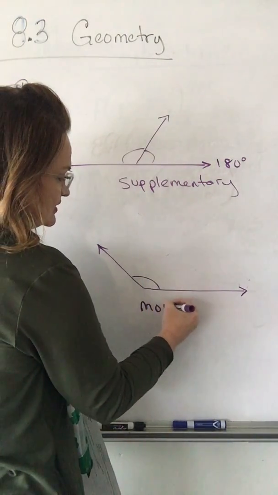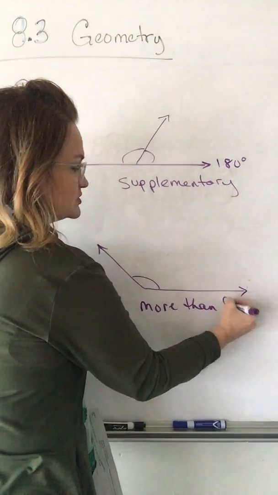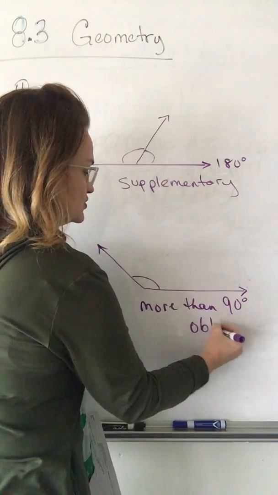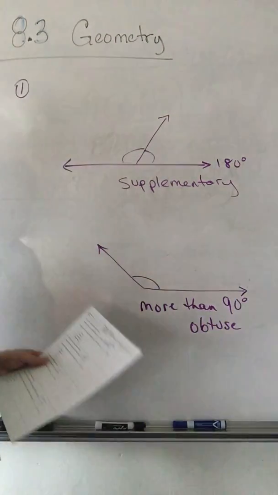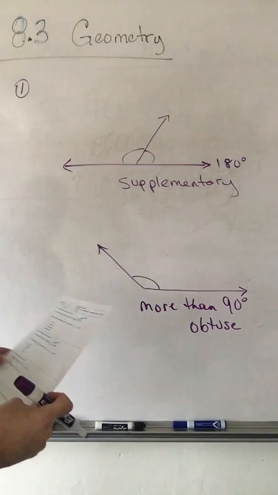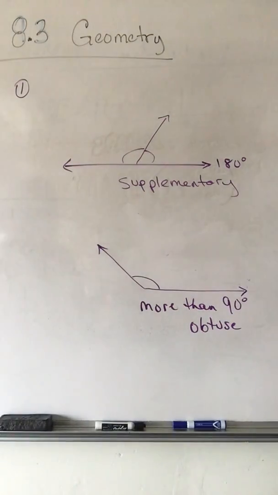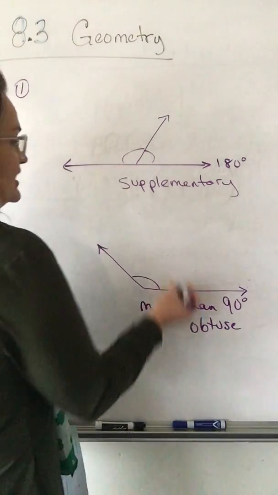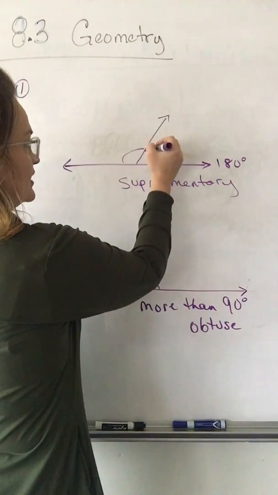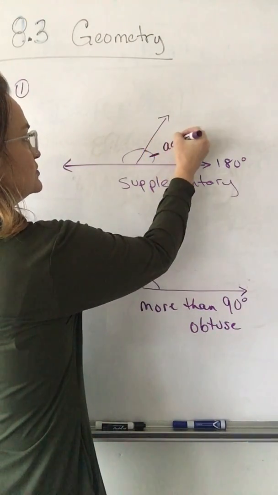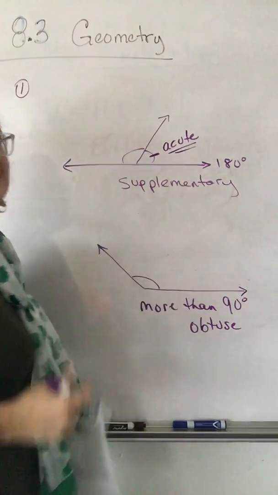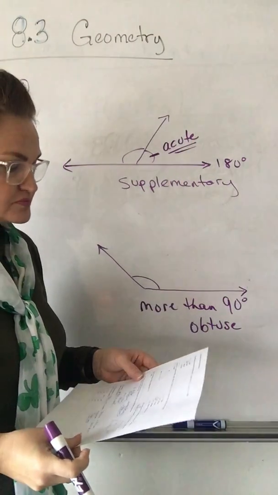So more than 90 is obtuse. An obtuse angle, that's my number 4. Okay, and then on number 5, if it's less than 90, like this little angle right here, this would be an acute angle. An acute angle is less than 90.